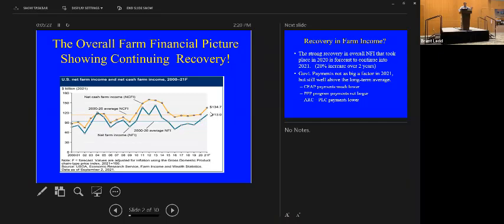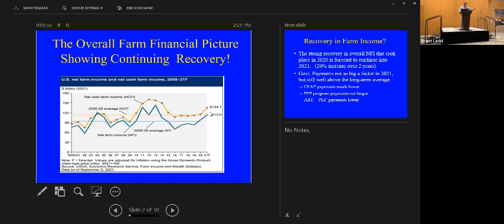One of the things you notice from this graph is as times start to improve, those lines start to kind of converge a little bit. Net farm income as truly calculated starts to converge with that cash income number, because when times get hard, as we were going into starting in about 2014, 2015, we start to tap into our inventories.